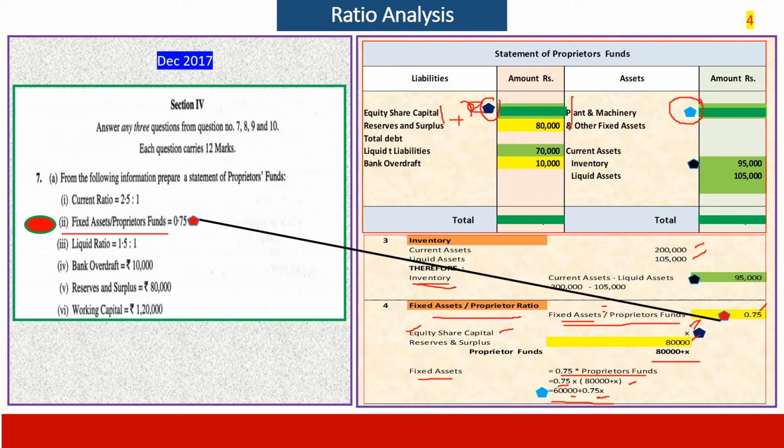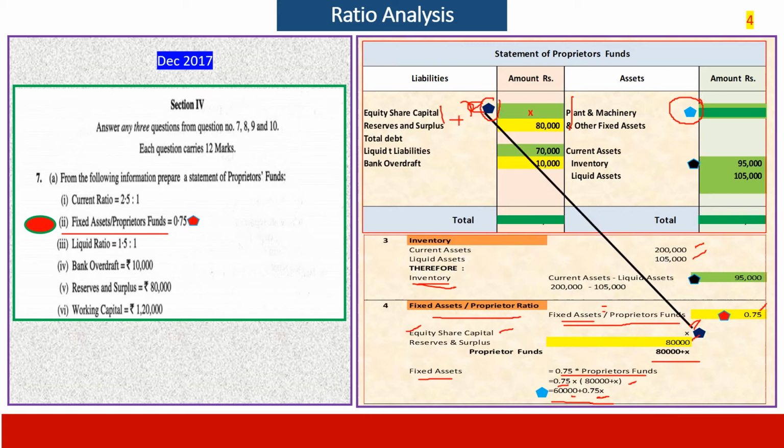Now, we have got share capital. We have called share capital as equivalent to X, and we have called fixed assets based on that X as 60,000 plus 0.75X. What we will do? We will make a posting. In place of share capital, we will put it as X, and in case of plant and machinery and fixed assets, we will put it as 60,000 plus 0.75X.